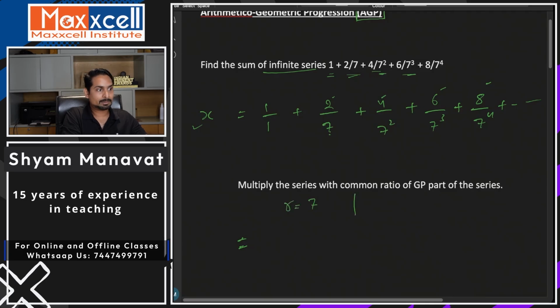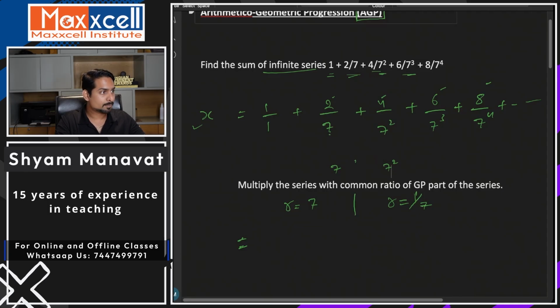Or some people may also say the common ratio is 1 upon 7. It will get you the same answer. You look at this as 1 upon 7 and 1 upon 7 square, in terms of fraction, or you look at this as 7 and 7 square.